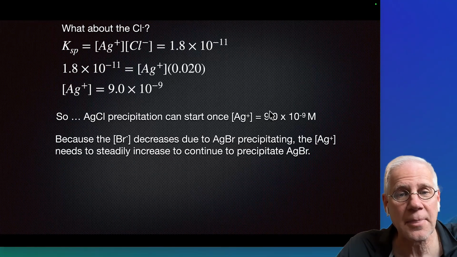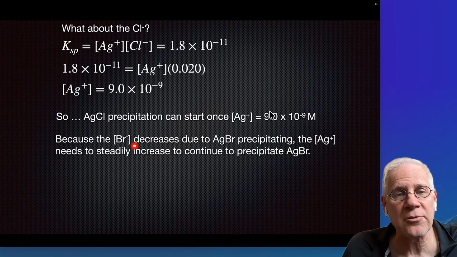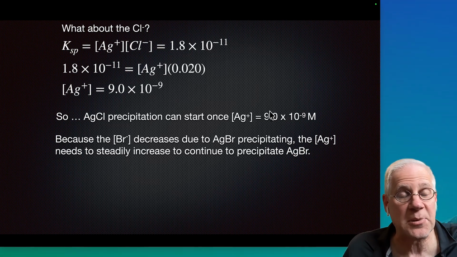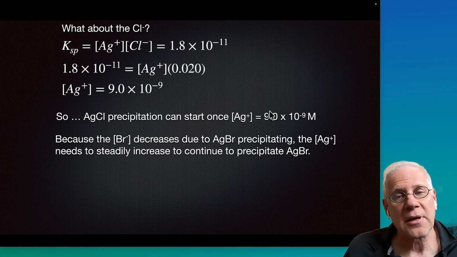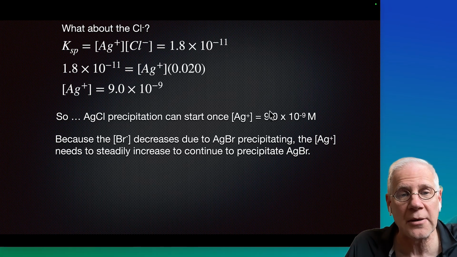Now, as I precipitate silver bromide out of that solution, the bromide concentration in that solution begins to decrease. And so as the bromide ion begins to decrease because it's being precipitated out, the concentration of silver that I need to add in needs to increase in order to match the KSP value and saturate the solution and precipitate silver bromide.